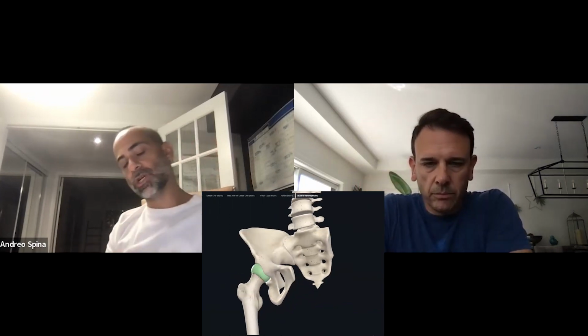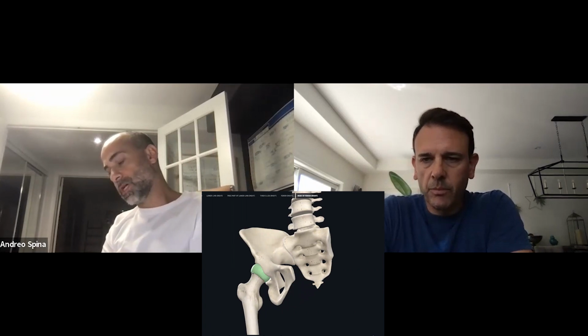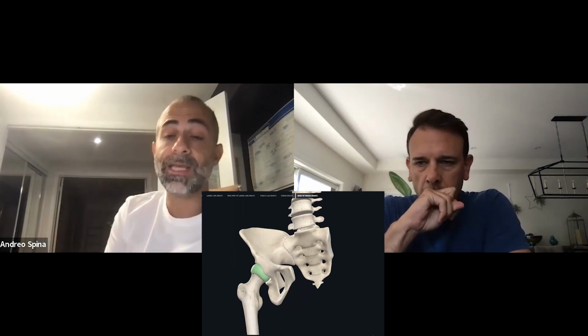So in a child, you will lose internal rotation, as you will in almost any condition of the hip. So why would that be? Again, that's a space issue. So we were talking a little bit about that space being a dynamic entity.